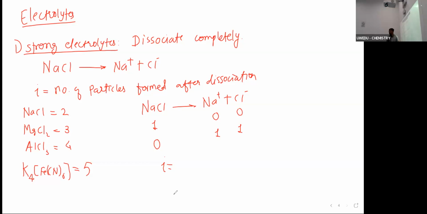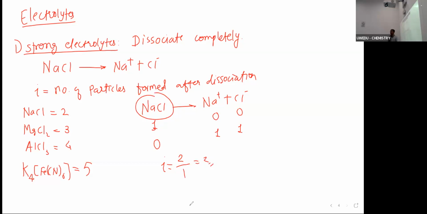And i is equal to observed colligative properties by theoretical. So observed colligative properties are 2, 1 plus 1, because colligative property depends upon the number of particles. So 2 particles divided by the initial or theoretical, where we see only 1 added. We don't know what happened after that, but we added 1. So this is 2.